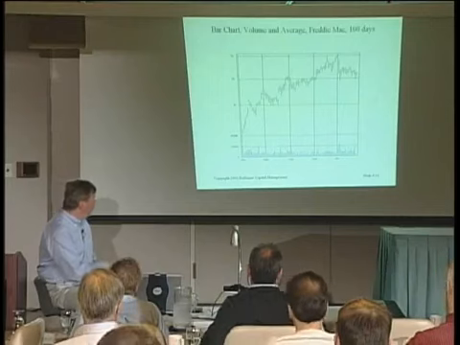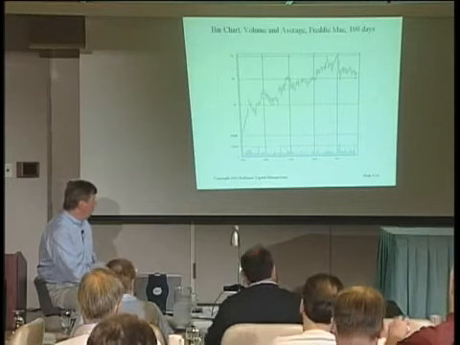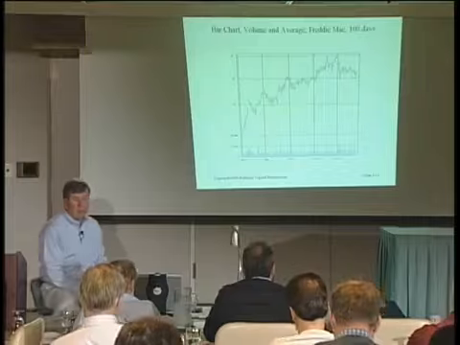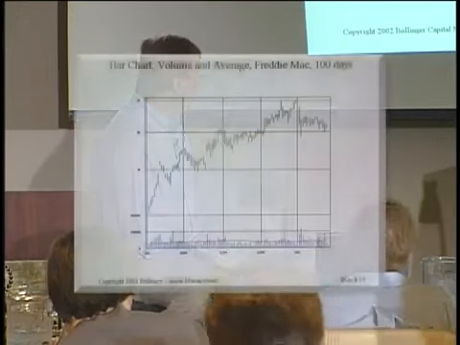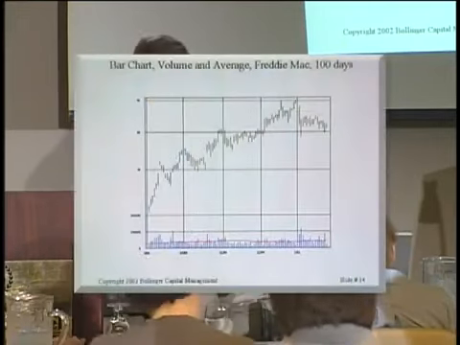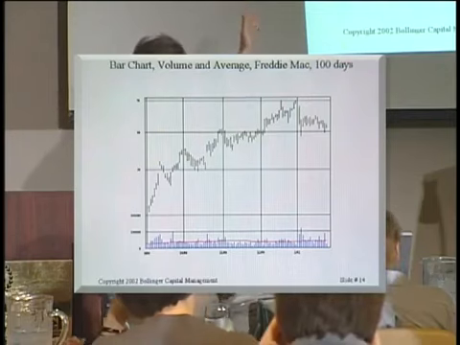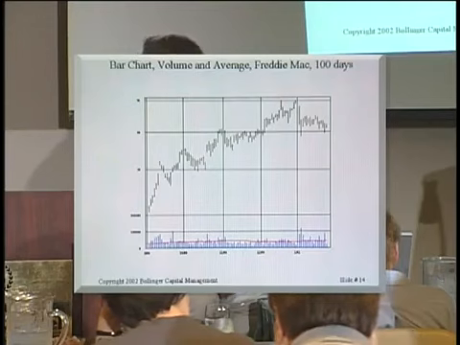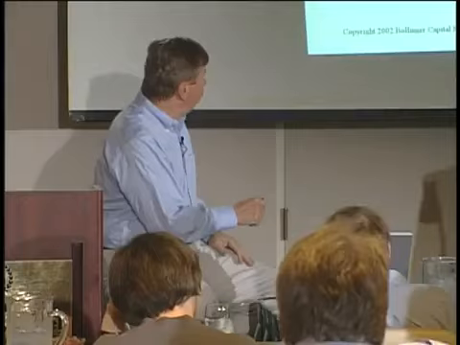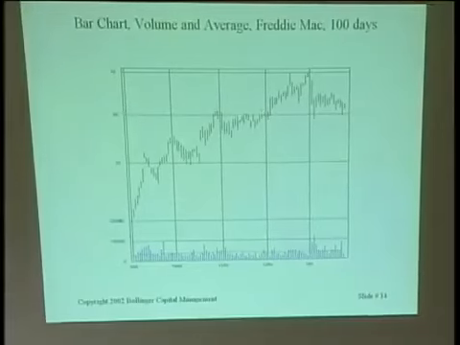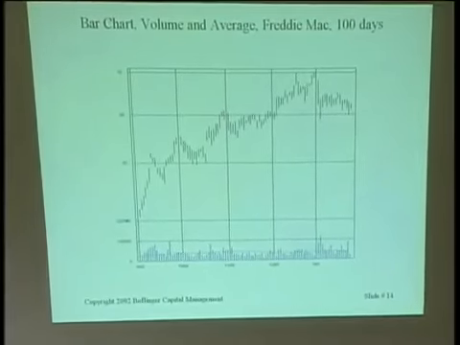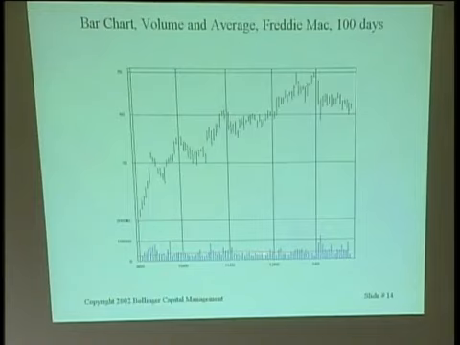So we've drawn here a 50-day average on our price bars. Nothing else has changed. All we've done is draw that 50-day average. Now, by definition, volume bars that extend above the average are high volume, and by definition, volume bars beneath the average are low volume. So, for instance, in this consolidation period here, this was a low volume consolidation.